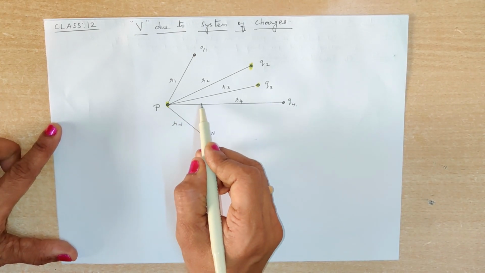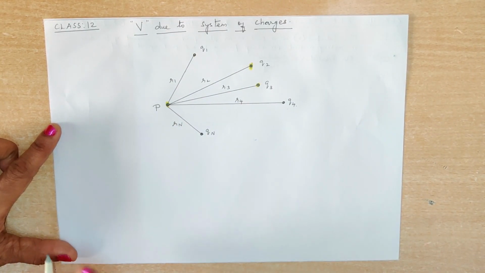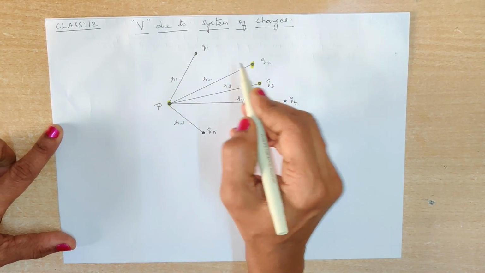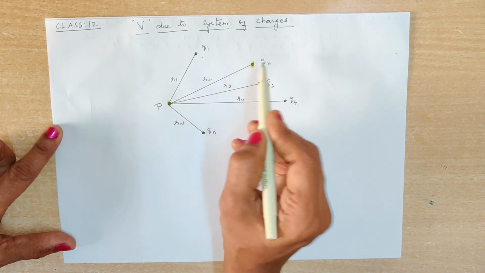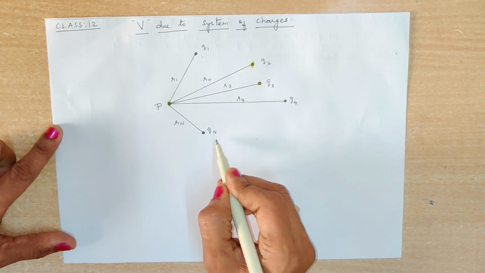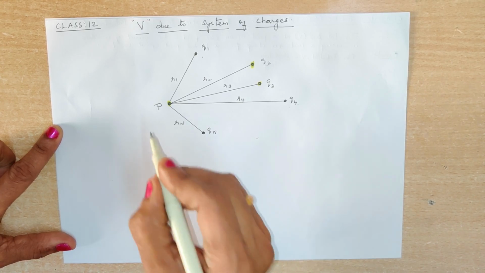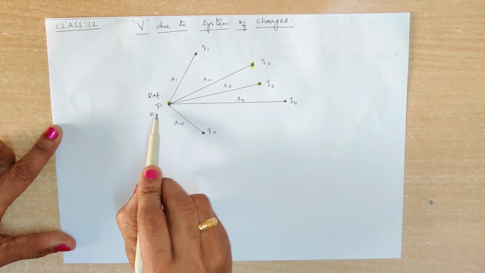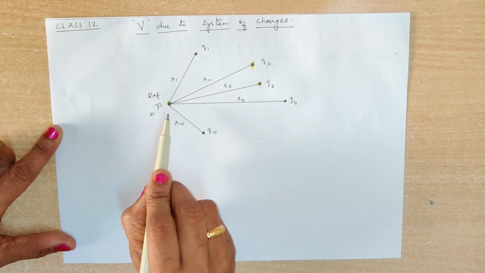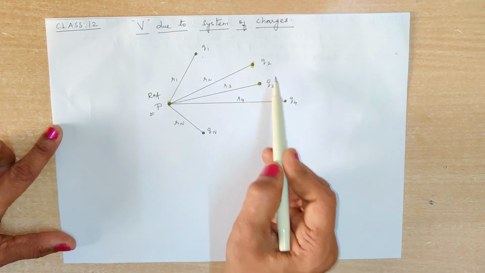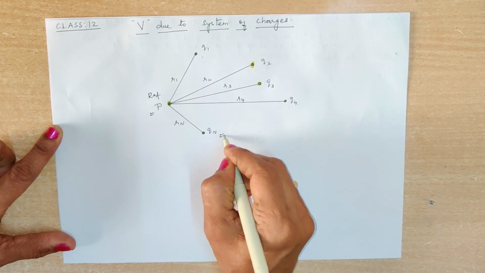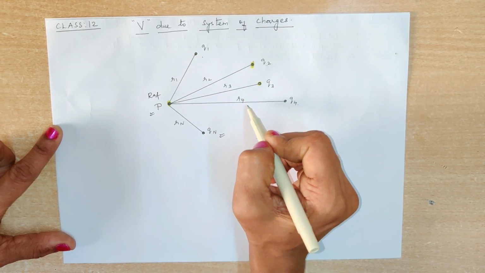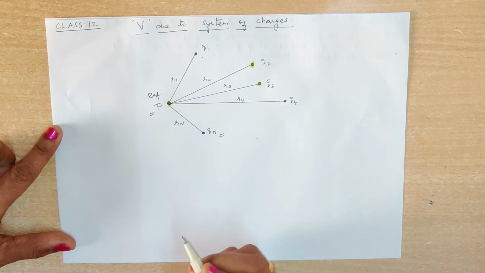In a similar way, we can learn for electric field also, which I have explained in my videos for chapter 1. So here, see, there are different charges, say Q1, Q2, Q3, Q4 till Qn. A number of charges are placed, and you take any reference point P, and we can calculate at the point P the total potential due to all these charges, till n number of charges, located at the distances r1, r2, r3, r4, rn with respect to the reference point.